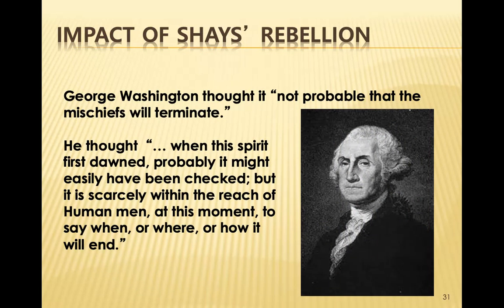However, by this time, General Washington was coming out of retirement. He was trying to be the voice of reason, and he was saying, this kind of thing is going to continue. His specific words were, General Washington thought not probable that the mischiefs will terminate. When this spirit first dawned, probably it might easily have been checked, but it is scarcely within the reach of human men at this moment to say when or where or how it will end.